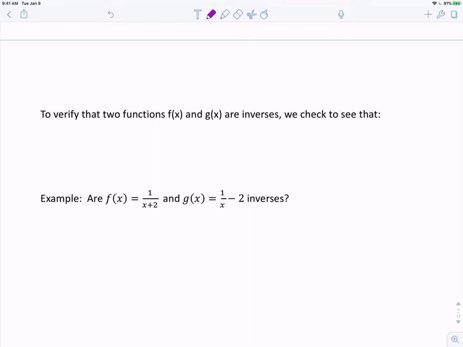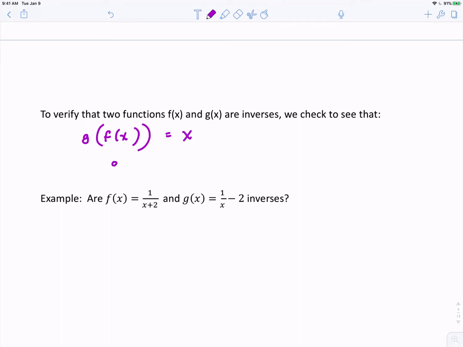So to verify first that two functions f and g are inverses, what we need to check is that one undoes the other. For example, if you apply f to x and then apply g to that result, that should give us x, the original value.